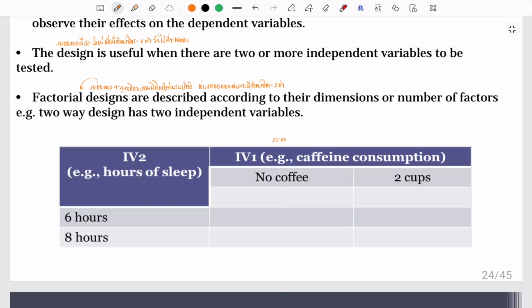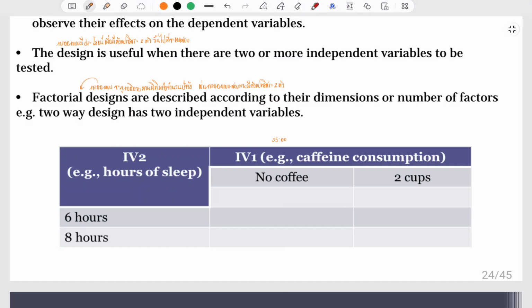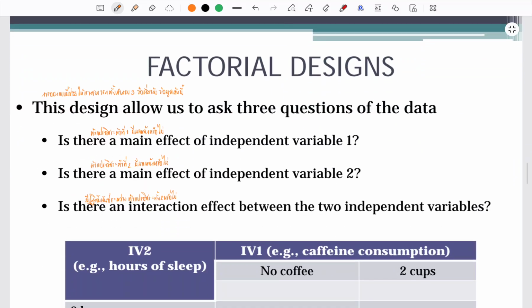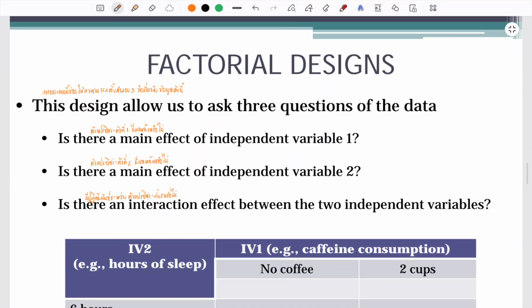As I mentioned, the benefit of factorial design is that it helps you determine the main effect of independent variables 1 and 2 and the interaction effect. But in order to test for the interaction effect, you have to test whether your data is normally distributed or not.